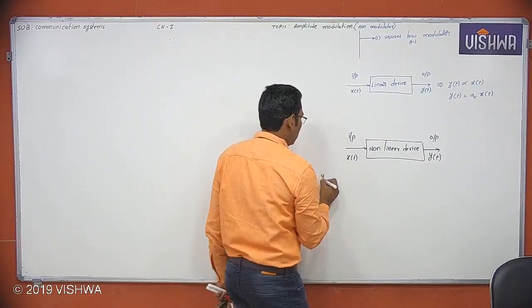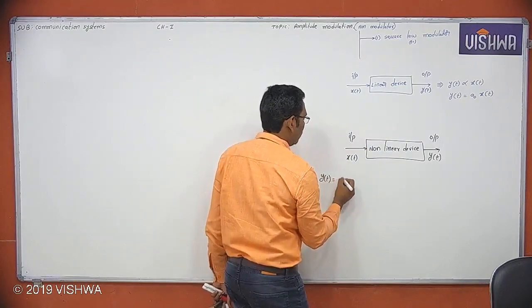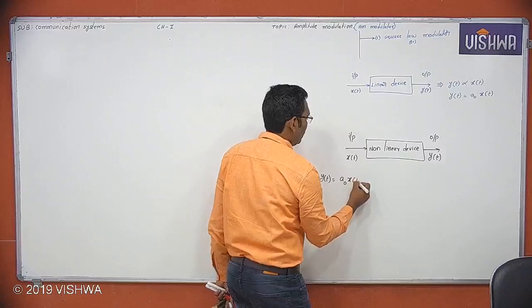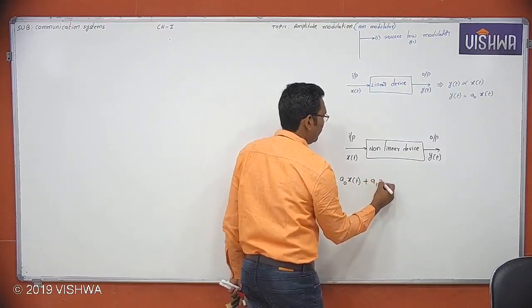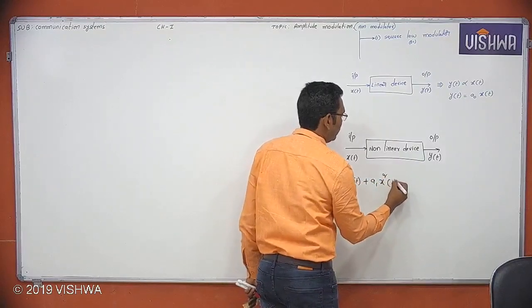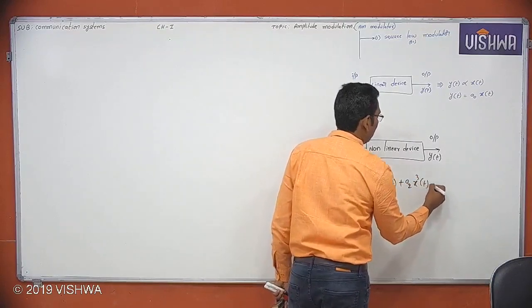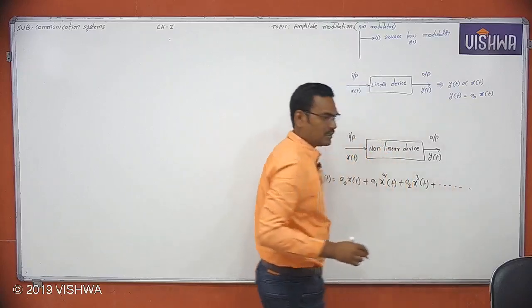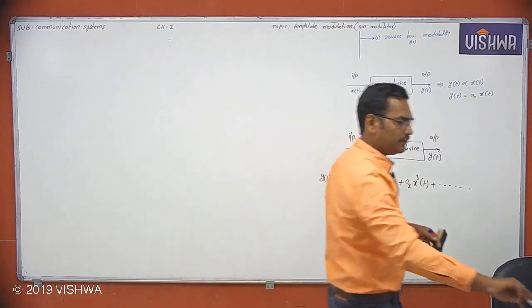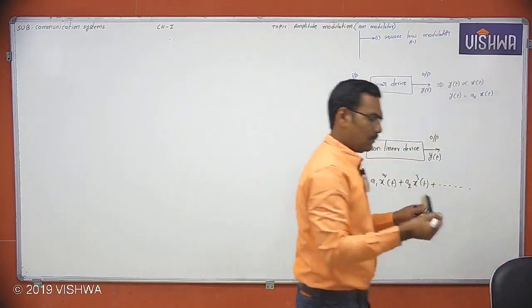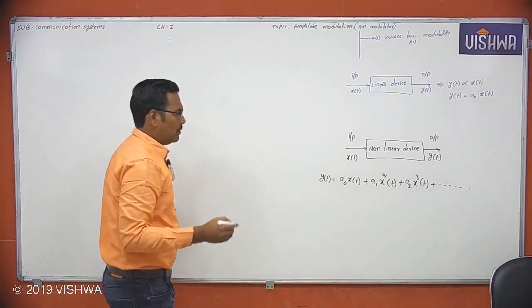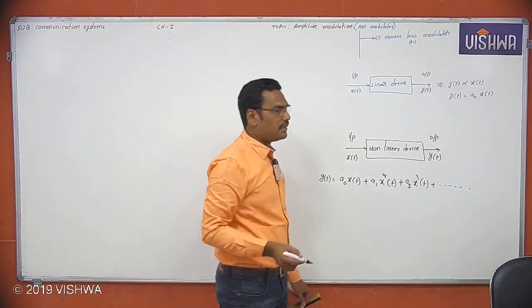Now y of t is equal to a naught x of t plus a1 x square of t plus a2 x cube of t plus and so on. These are the non-linear characteristics, right?